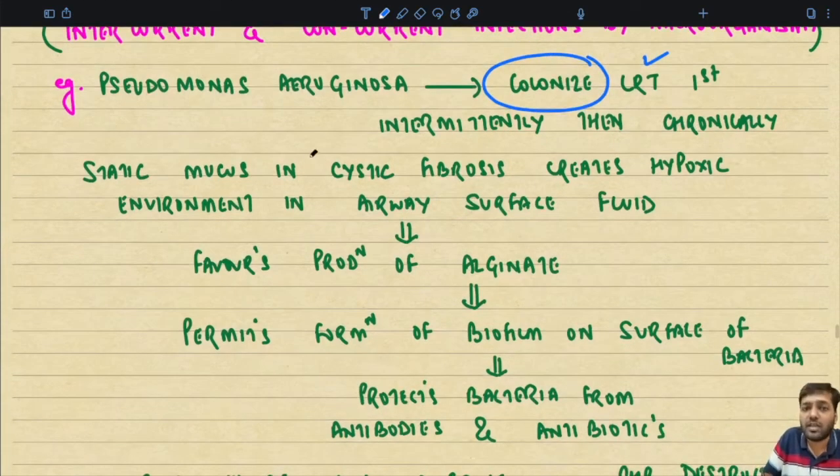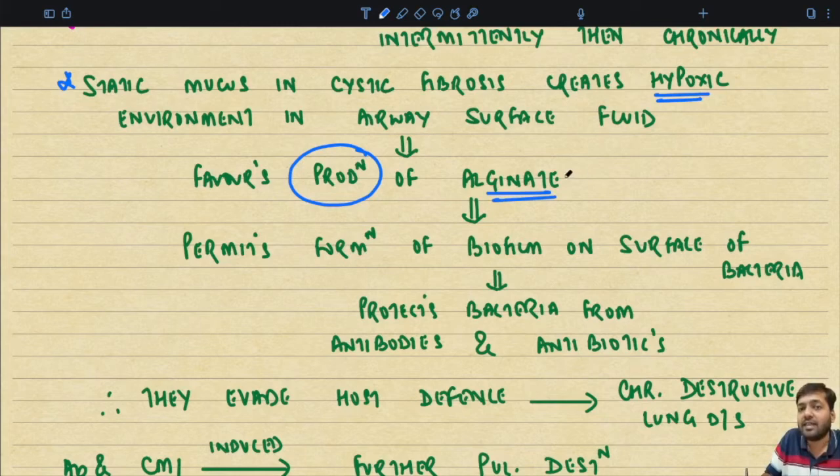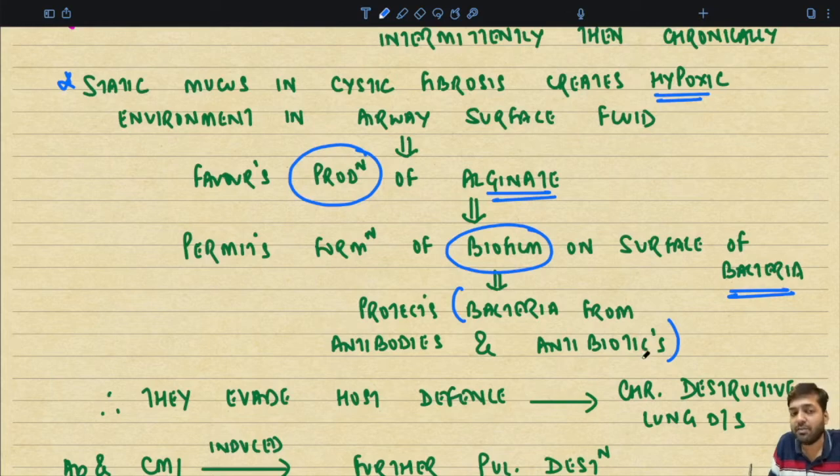The mucus is static because of the defective mucociliary clearance, and static mucus in cystic fibrosis creates a hypoxic environment in the airway surface fluid. This favors the production of a biofilm called alginate, which permits the formation of biofilm on the surface of the Pseudomonas bacteria, providing protection to the bacteria from the antibodies as well as from the antibiotics.